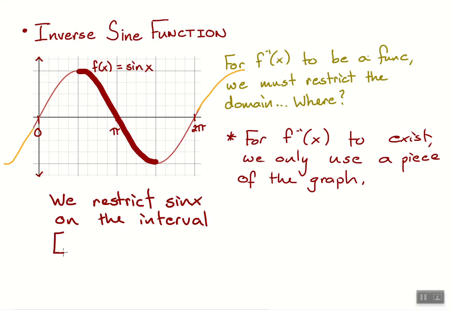Good. I'm going to include those points from negative pi halves all the way to pi halves to ensure 1-to-1. We can restrict the domain anywhere that we want to make this work, and I'm going to use the one that winds up centered around the y-axis, but it's the same idea. Now, looking at this, we ensure that this is 1-to-1.